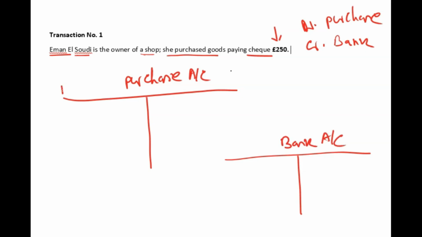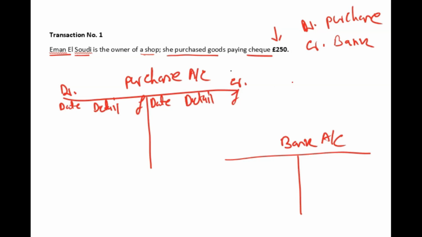Now, left hand side is DR, debit, right hand side is CR, credit. There are three columns: date, detail, money. I'm doing this from London, UK, that's why I'm using pound signs. You can use dollar sign or any other currency. Date, detail, money. That is your typical T account.